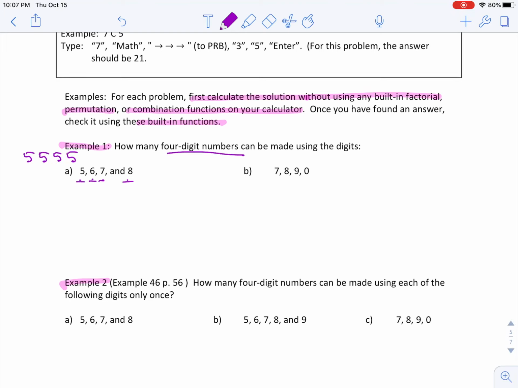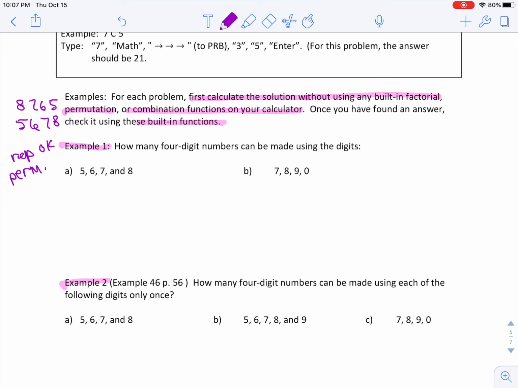We're making a 4-digit number, so yes, 5,555 is a legitimate number. So in these problems, repetition is okay. But the order does matter, doesn't it? The number 5, 6, 7, 8 is different from the number 8, 7, 6, 5. They're two different numbers. So these are permutation problems.